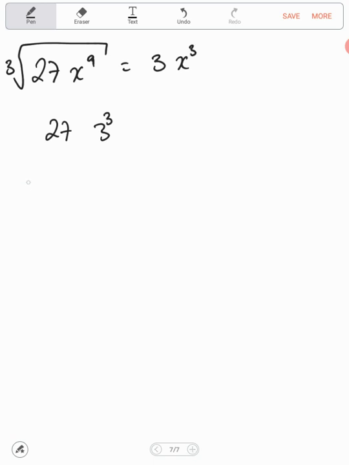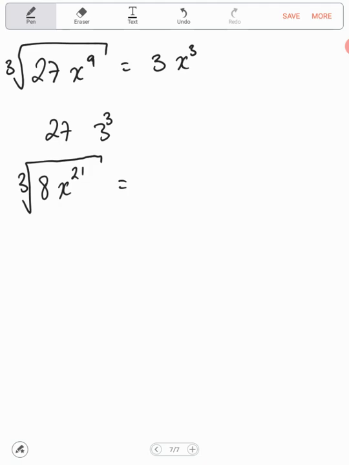Okay, let's do another one. I highly recommend that you remember your powers of 3s and 2s and some of the 5s, because they are the most important ones that you'll need to be able to divide by and use the powers of. So let's do third root of 8x to the 21.